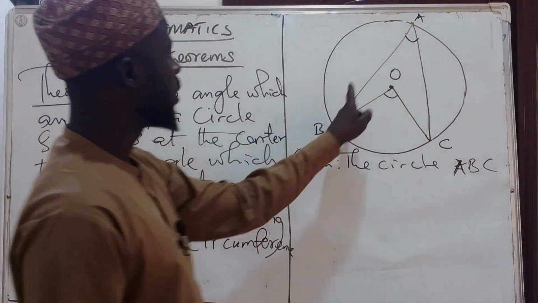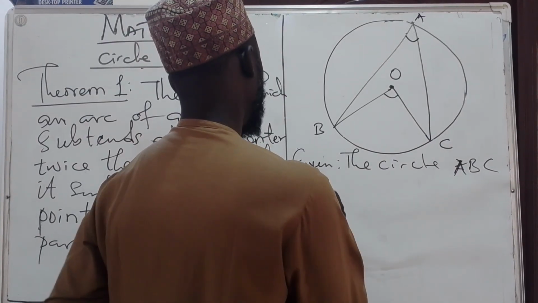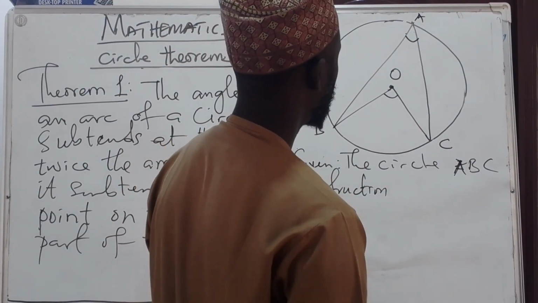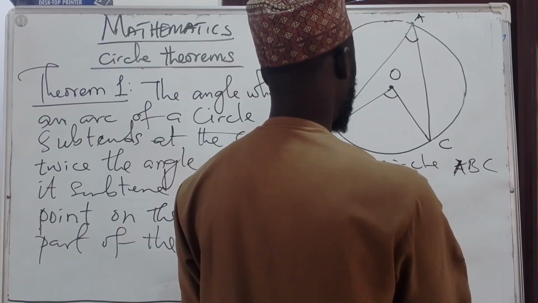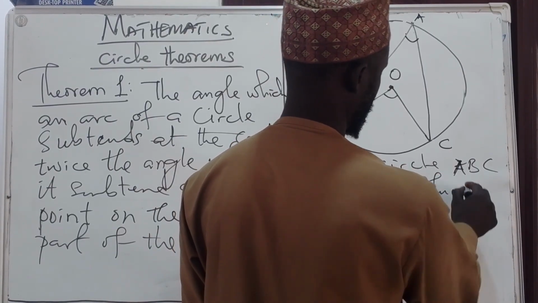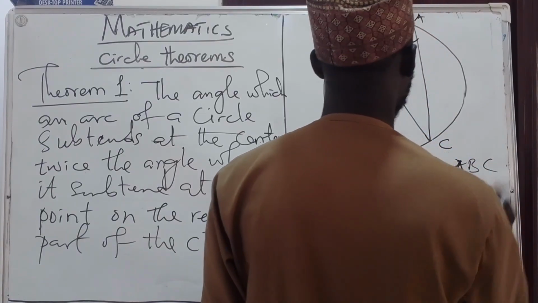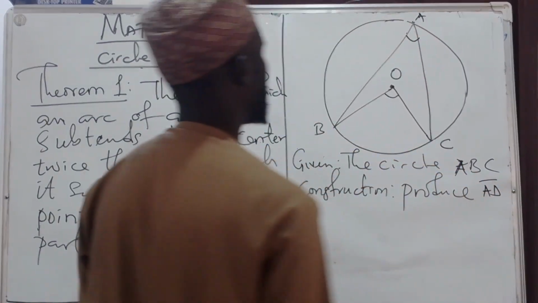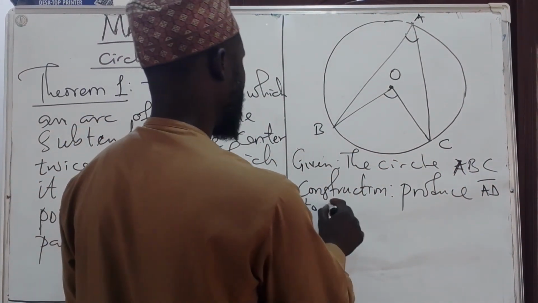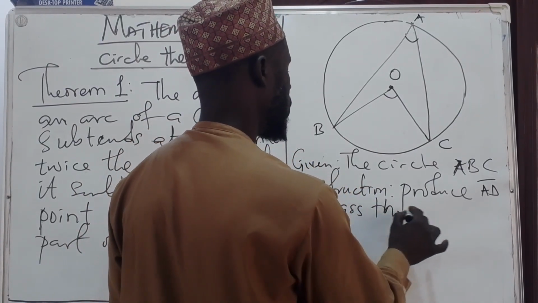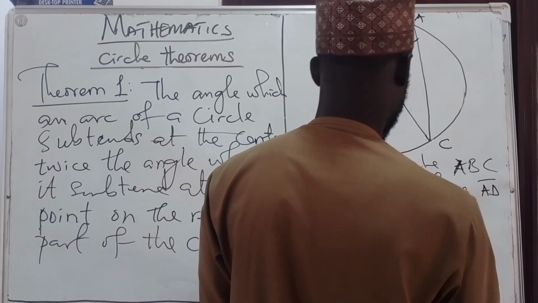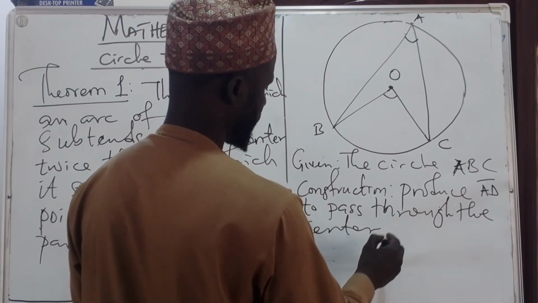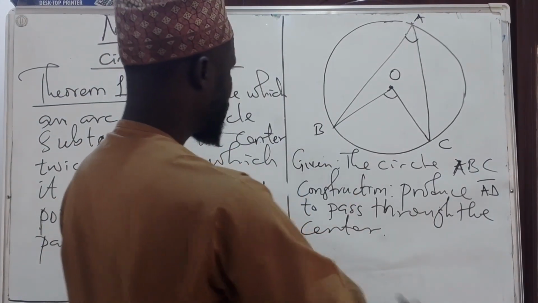That is the circle we are given, with the construction inside. The construction is that we produce a line, call it line AD, to pass through the center of the circle, to extend and pass through the center.